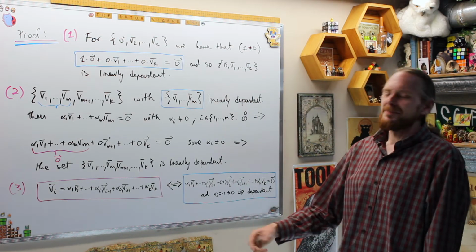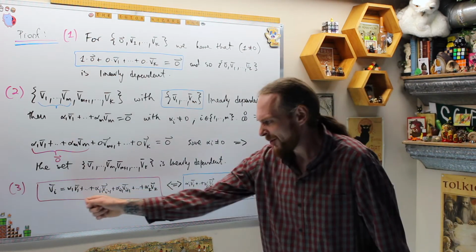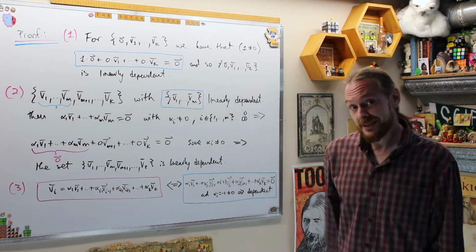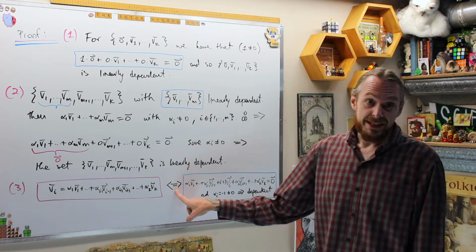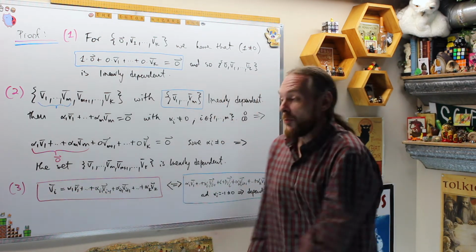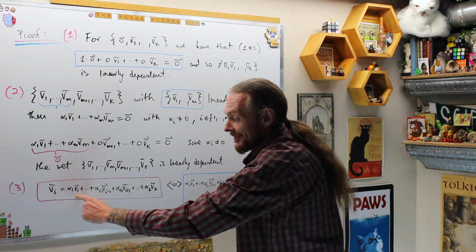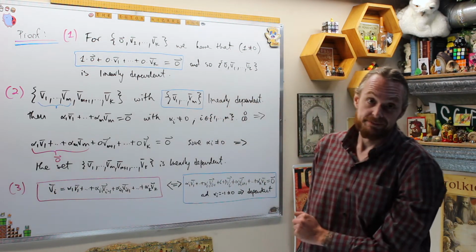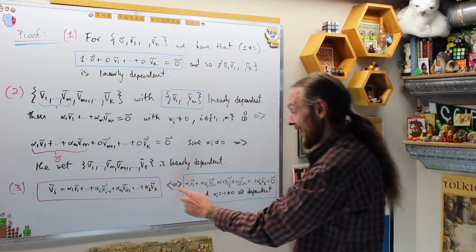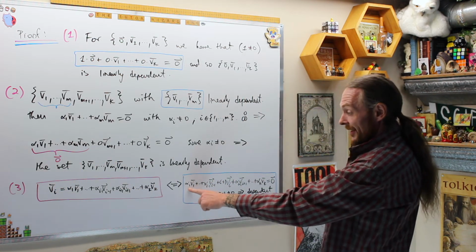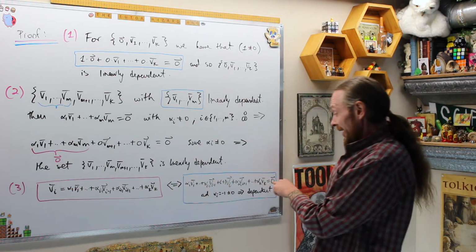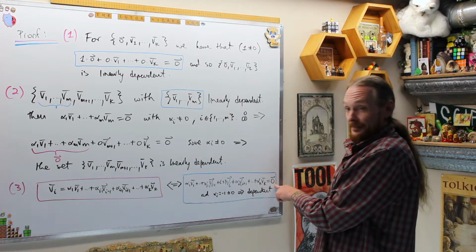Property 3: Mark says that you should do this one direction and then the other direction, because a biconditional statement is 2 conditional statements. But I'm going to be lazy and use the if and only if. So assume one of the vectors depends linearly on the other vectors. If I have that, then bring this guy to the other side, and I would get that alpha 1 plus dot dot dot plus negative 1 when I bring this guy over is equal to the 0 vector.